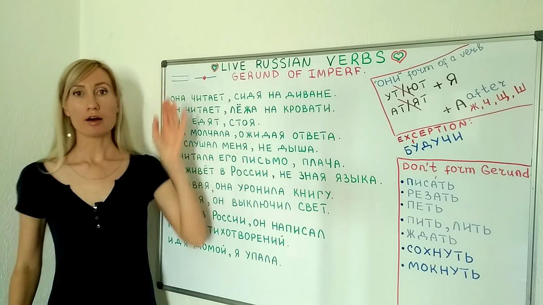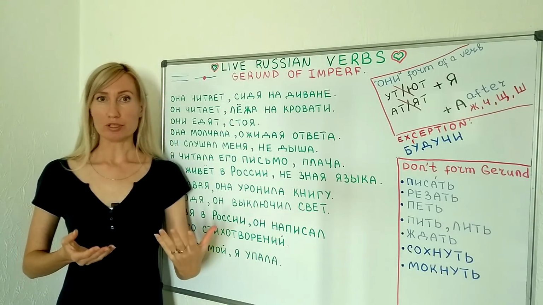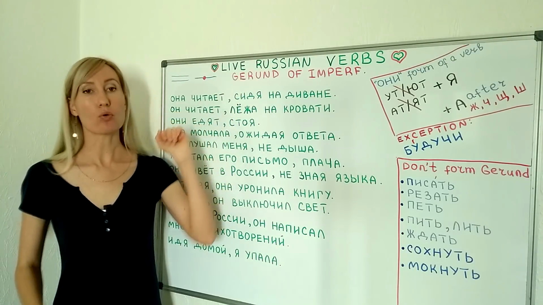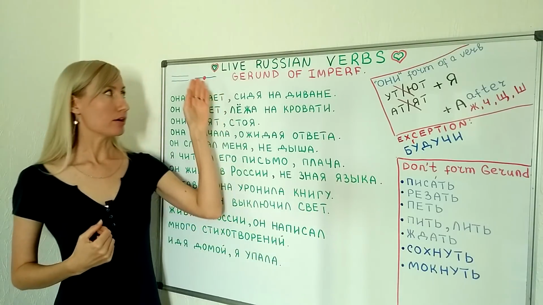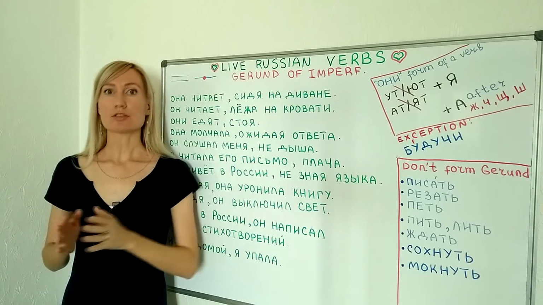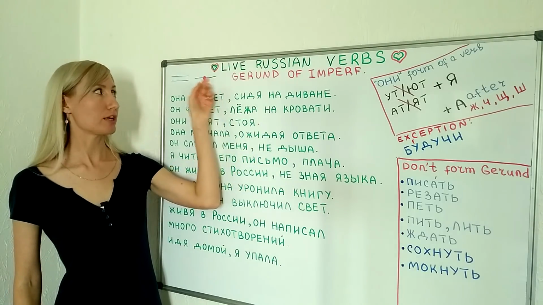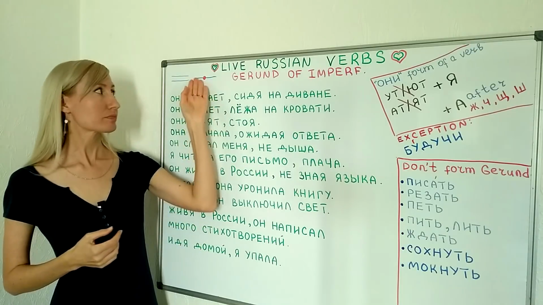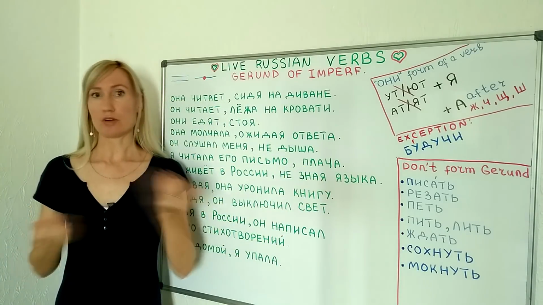For example, in simultaneous actions, I was doing something while doing something else. This is gerund. Or in a situation of a long action, that is imperfective. As you know if you watched my previous video, imperfective can be a long process interrupted by a quick action. So, while doing something, gerund, I was interrupted.